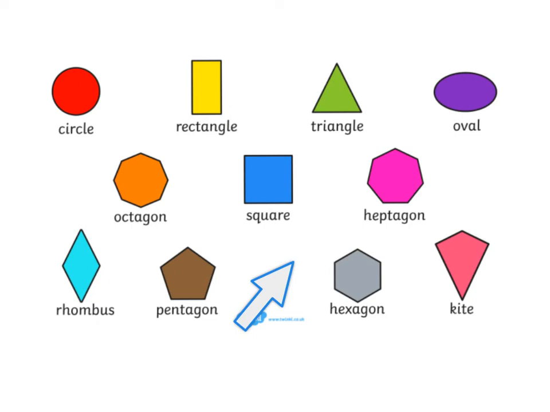Where is my diamond? I've got a rhombus here. Looks a bit like my diamond shape. Just a little longer, a little stretched. Then this one. Can anyone see what that one looks like? If I give it some lines and give it a string and some bows, that is a kite shape.